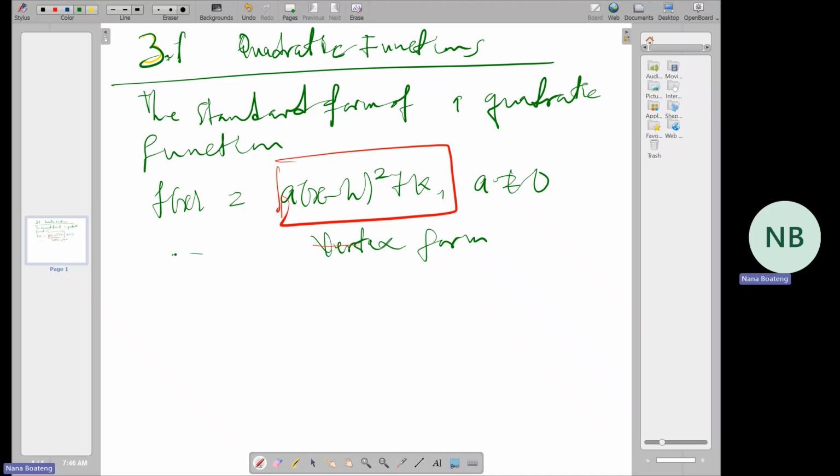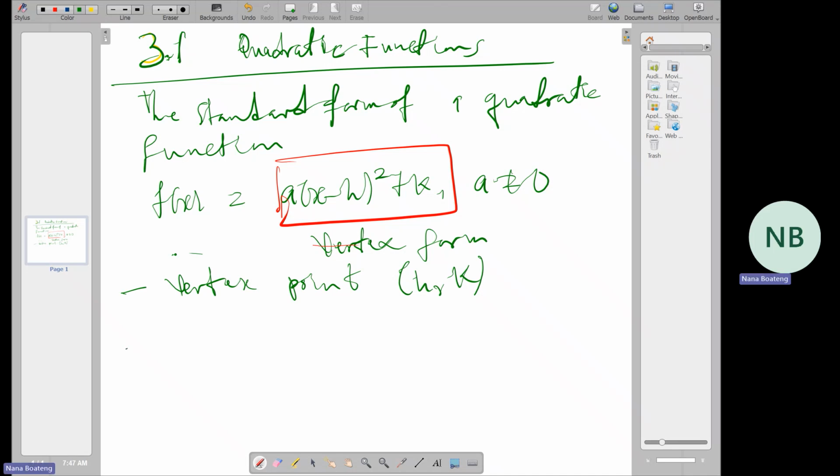All right. If it's in the vertex form, the vertex point is (h, k). The x-coordinate of the vertex is h, and the y-coordinate of the vertex is k.